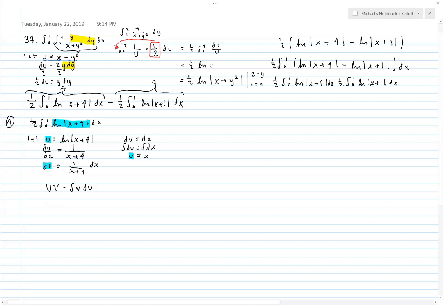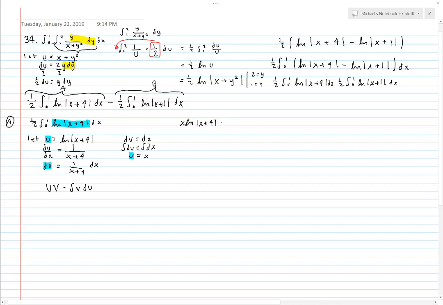So now we have u, which is ln(x+4). Let me write it over here. We have v, which equals x, but to make it neater, I'm going to write it out here in the front.